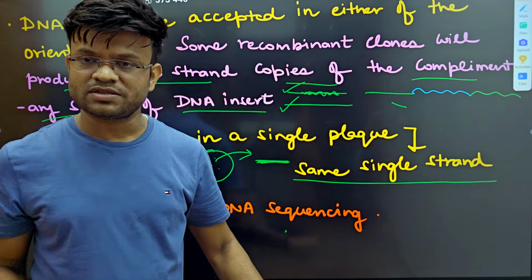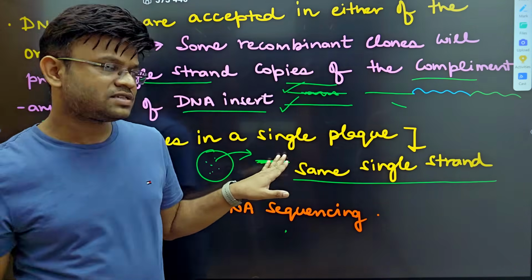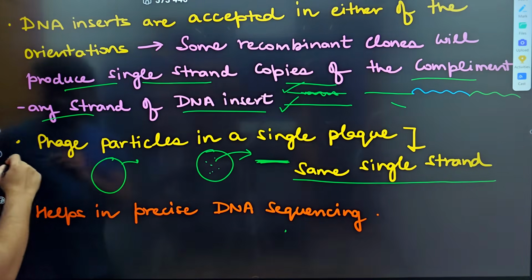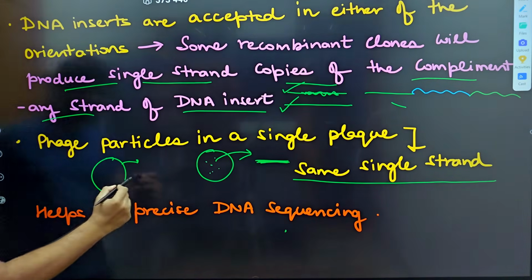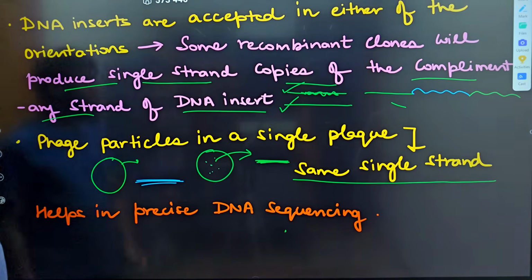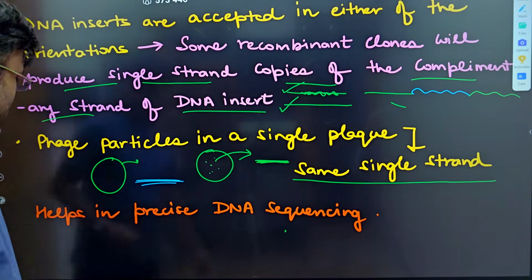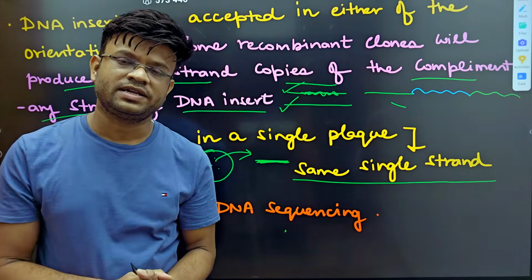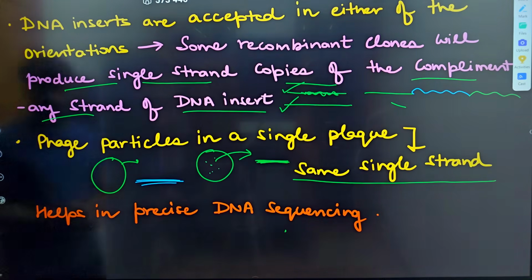They would not possess the complementary one. But if you are talking about another plaque, this might have the complementary strand instead. Right? This is what is being said. Now, it helps in precise DNA sequencing. I have already told you how it helps in DNA sequencing, so you would have got a clear idea.